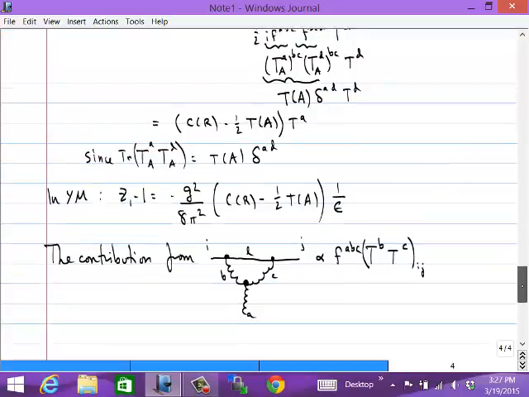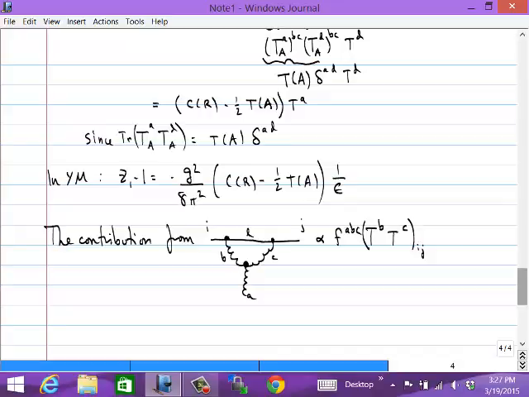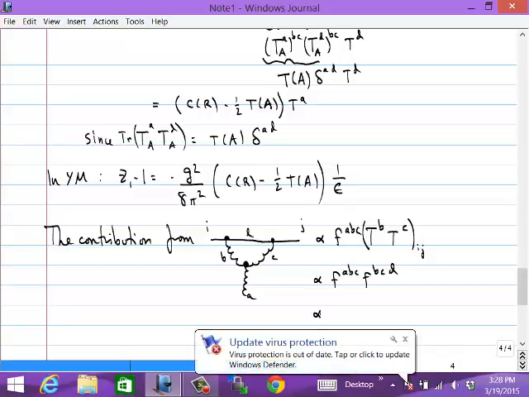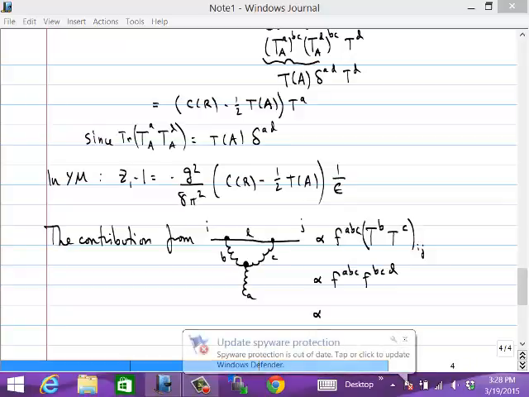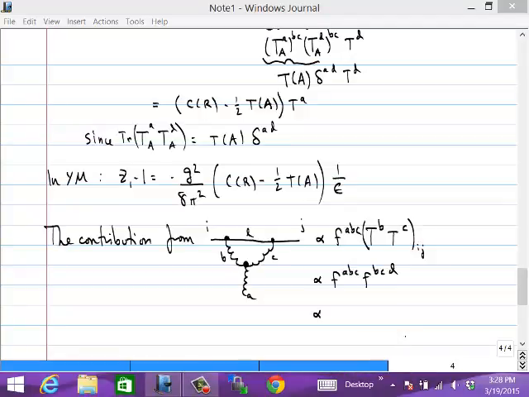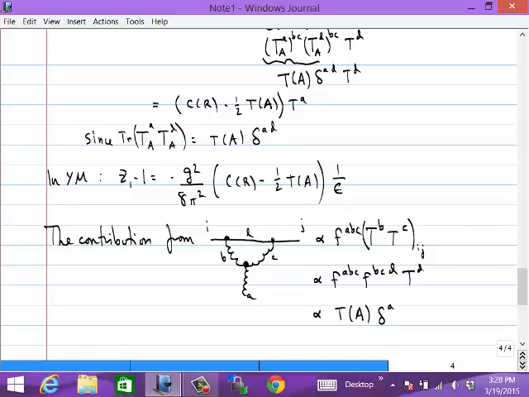And what is that? Well, again, we can use the fact that f^ABC is antisymmetric, so this is proportional to f^ABC times the commutator of T^B and T^C, which is f^BCD, which, as we saw, is the trace in the adjoint representation of T^A T^D, otherwise known as T(A) times delta^AD.